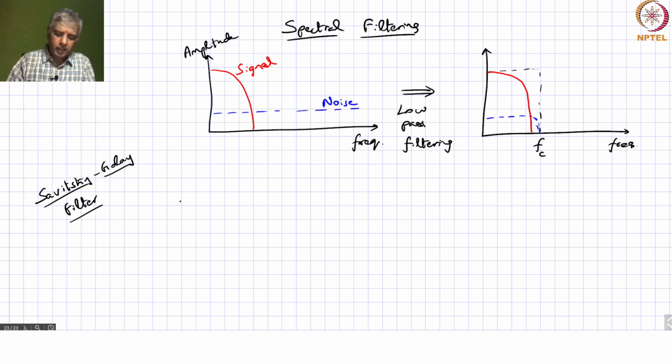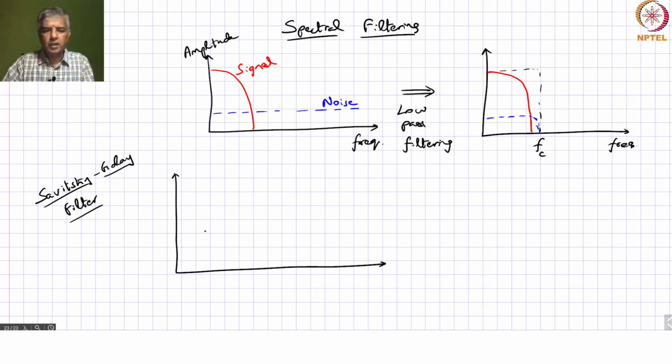So let's say the signal once again that you want to measure is something like this. Let's take the easy case first, where the quantity that you are measuring is not changing with respect to time.